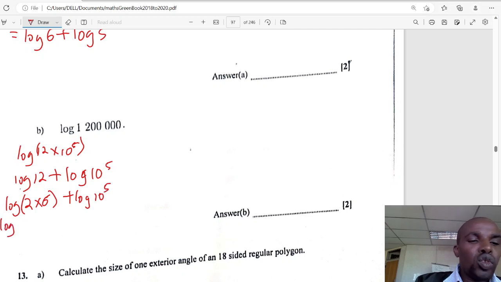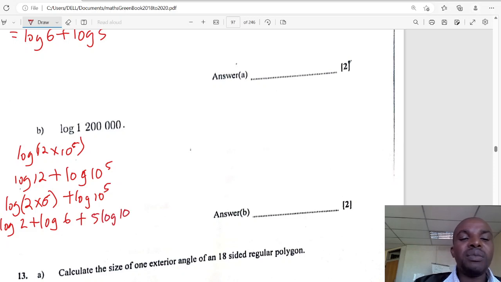Then it will be log 2 plus log 6 plus 5 log 10. And log 10 base 10 is 1. Log 6, we have it already, but log 2, we have to find a way to find it. So log 2 is log of 10 divided by 5, because we have 10 and 5.